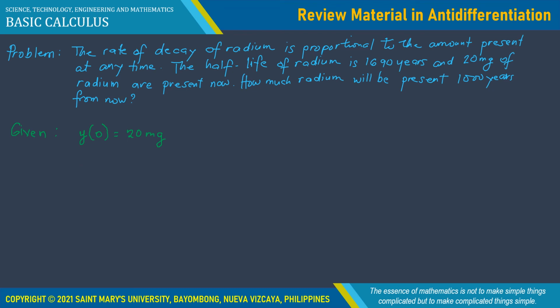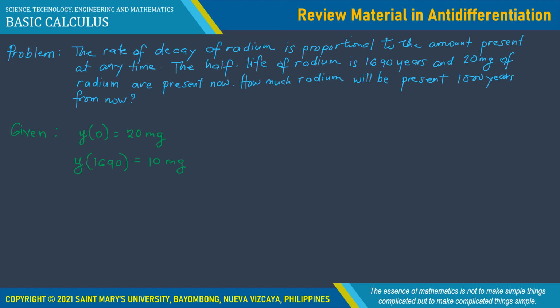So, ano ba yung ibig sabihin ng half-life? Ito yung time kung saan kalahati na lang ng original amount ang matitira, di ba? So, ibig sabihin, at Y, 1,690, syempre kalahati na lang ng original, which is 20 divided by 2, 10 milligrams. Okay, yan yung gagamitin natin pag solve ng problem.